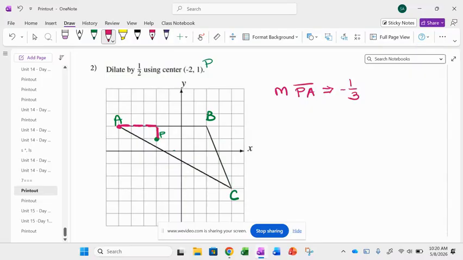I'm making this smaller by 1/2. So what you actually want to do is take, so this is my rise over my run, 1/2 of your rise, and that's going to be 1/2, right? And then you want to take 1/2 of your run, which is going to be 1.5 or 3/2, right?